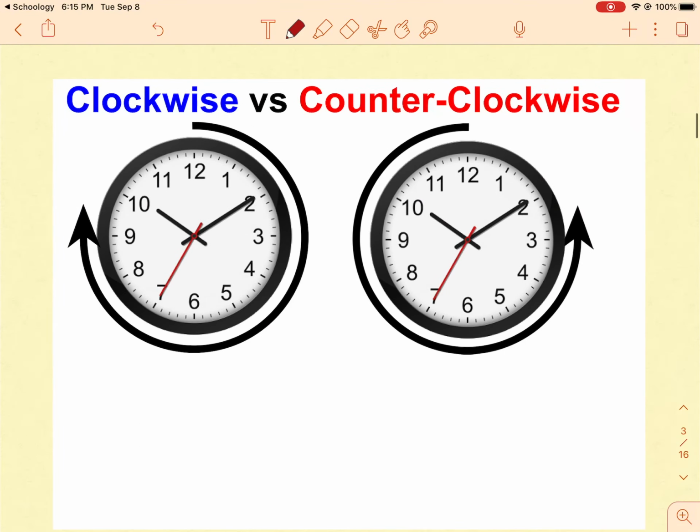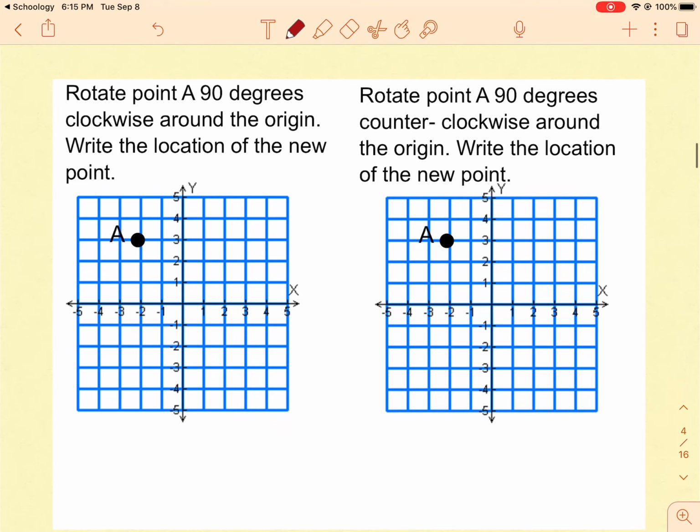Just to review a few things, remember clockwise is going that direction, and counterclockwise is going to be the opposite direction. If we take a look at a couple examples, rotate point A 90 degrees clockwise around the origin.